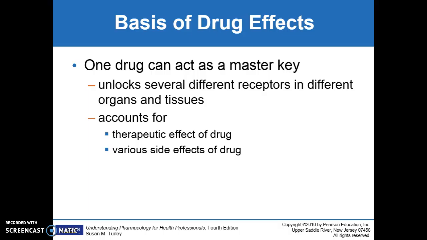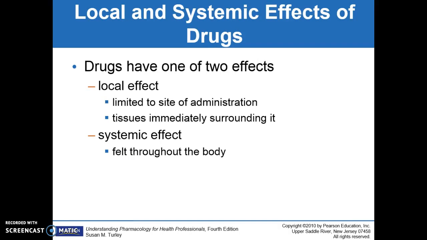The next thing that they talk about is the effects of those drugs. Drugs can have one of two effects. They can have what we call a local effect or a systemic effect. A local effect means that it works right there at the site of administration or in the immediate area. So, for example, maybe we're talking about something simple like using hydrocortisone cream on a bite, something that itches. That is a local effect.